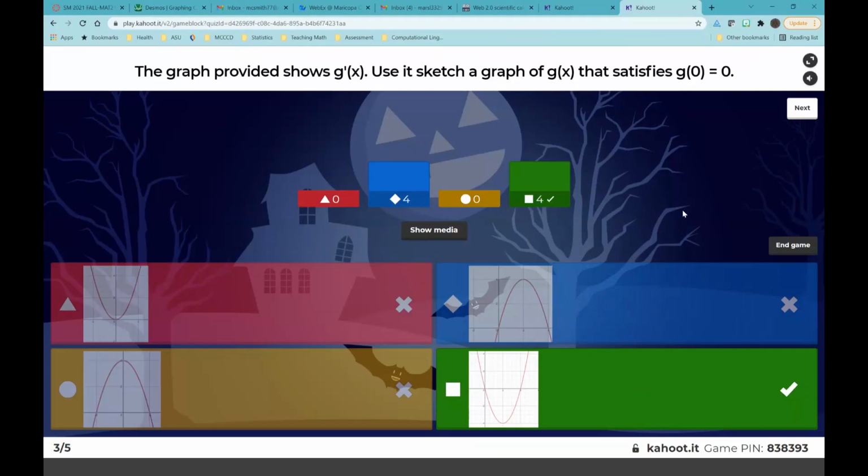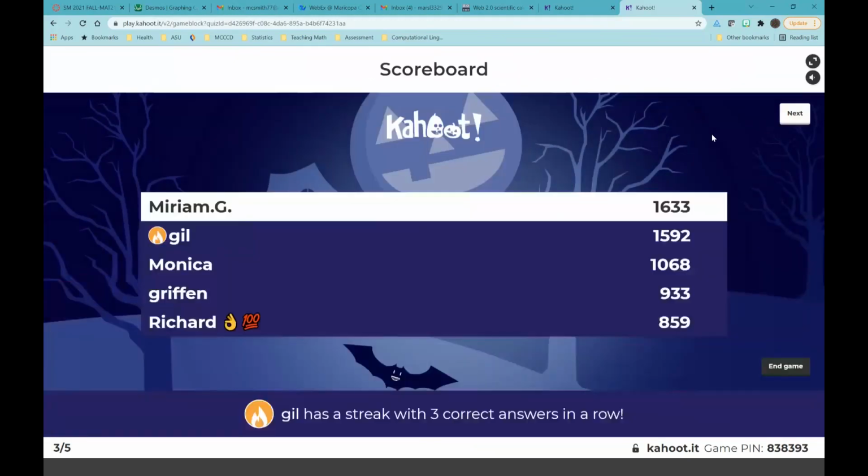So just pay attention to whether you wind up with a function that's decreasing down to its minimum or increasing up to a maximum. If the derivative values are negative, you're decreasing, and that's what I had in my graph of the derivative. Good job. Here are our standings.